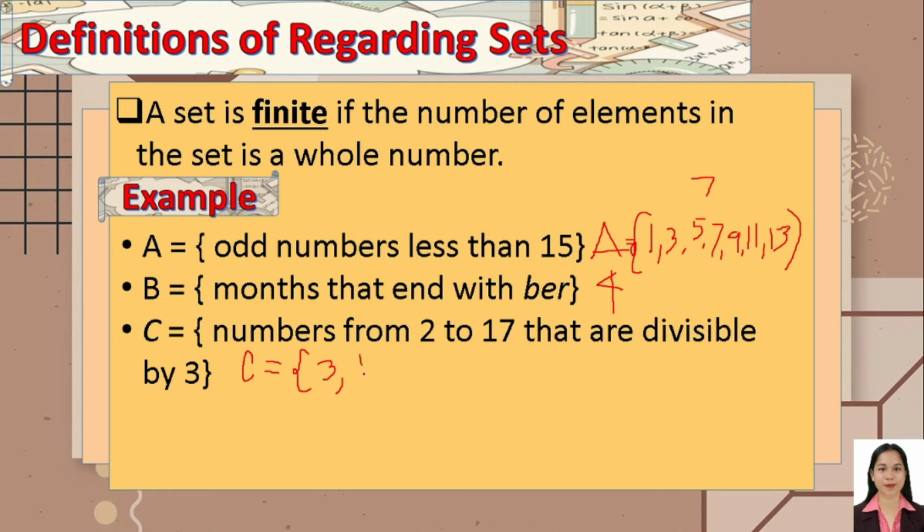So, we have 3, 6, 9, 12, and then we have here 15. So, i-count natin yung number of elements kung ilan. So, we have 1, 2, 3, 4, 5. So, there are 5 elements. And 5 is a whole number. Therefore, set C is a finite set.